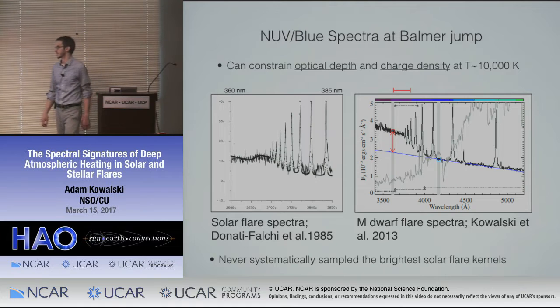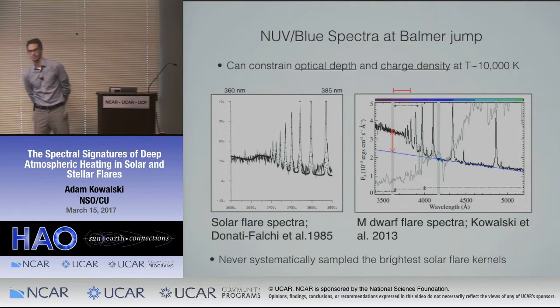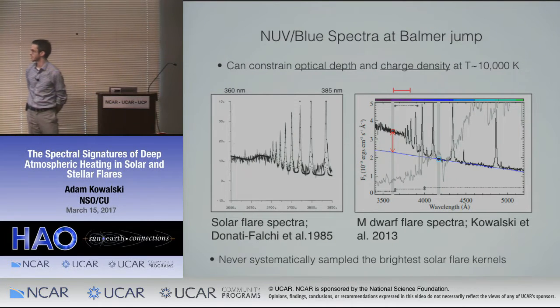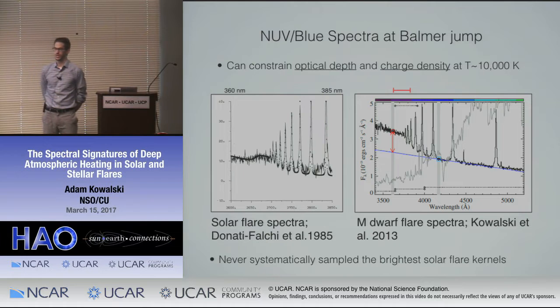The best way to characterize the white light continuum emission is with spectra around the Balmer jump. The Balmer jump is at 3646 angstroms, and it's the recombination edge of free electrons recombining to the n=2 state of hydrogen. And what Balmer jump spectra can give you are two physical parameters. One is the optical depth, and the second is the charge density.